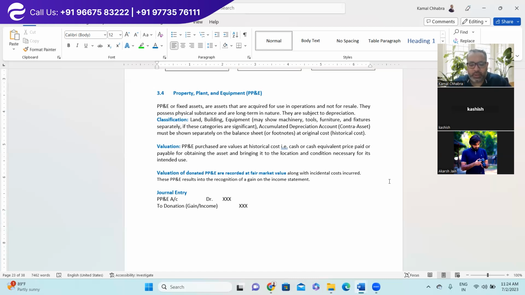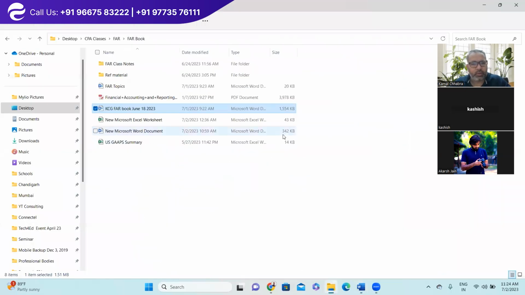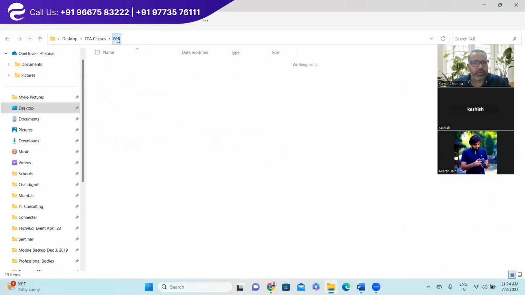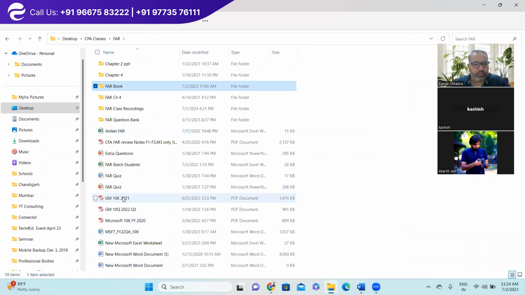Kashish, have you seen a fixed asset schedule in the financial statement? Sir, I had seen it. Ayush, Akash, you guys have seen a fixed asset schedule. Yes, sir. So here maybe just for quick reference of the calculation.